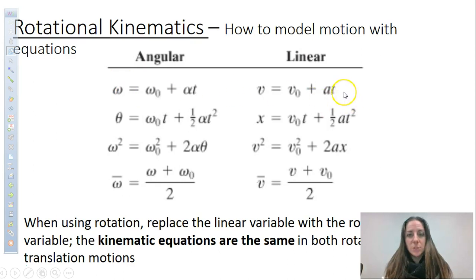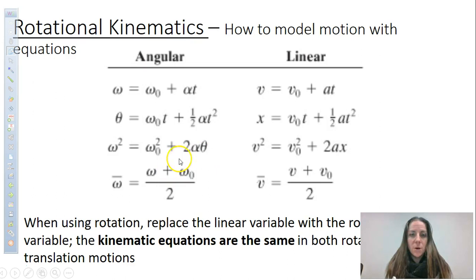So you can even, just by looking at this, kind of figure out where we're going. So omega here represents a final rotational velocity. This is initial rotational velocity. This represents angular acceleration, and t is the same in both cases because you're covering the same time regardless of your motion. So time is the same symbol in these two cases.